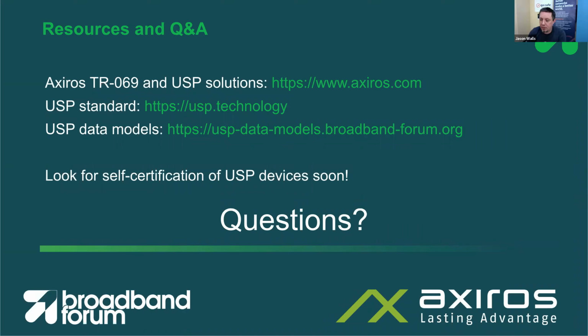All right. There is a question about the path for developing USP for someone who's already built TR69. And it sounds like they're talking about from an ACS or controller perspective. There is an open source agent that is being developed, has a few releases already out from the Broadband Forum, and that's called OB-USPA.